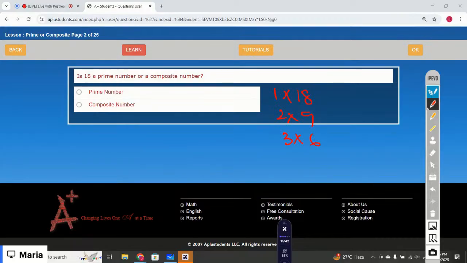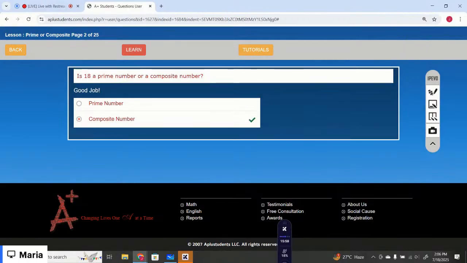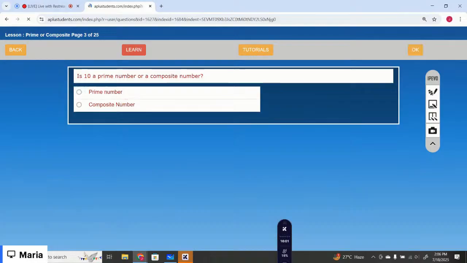So 18 has more than 2 factors, so that isn't a prime number, that is a composite number.